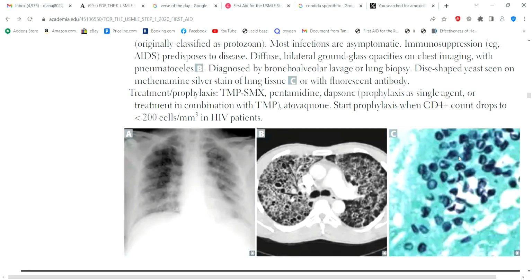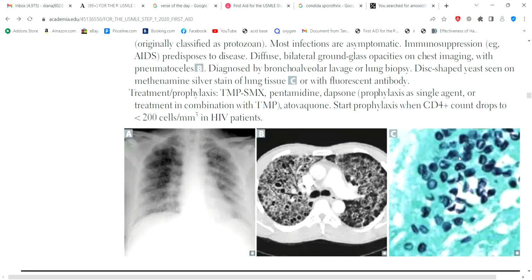If the patient is allergic to TMP-SMX, so if the patient is allergic to sulfa drugs, you give pentamidine. And the susceptibility to PCP becomes an issue when CD4 count drops below 200.